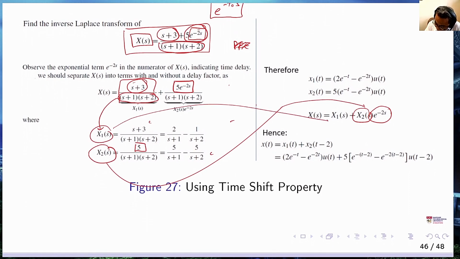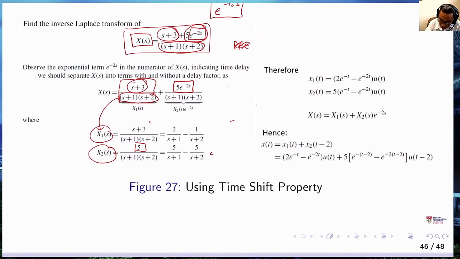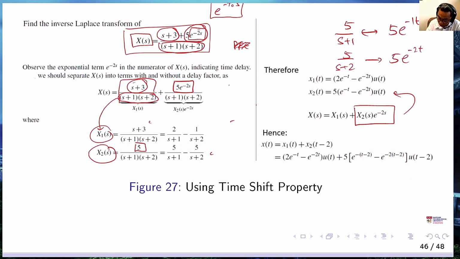So let's study the second term. X2(s) e to the minus 2s: when we perform the inverse Laplace transform, 5 over s plus 1 becomes 5e to the minus t by lookup table. 5 over s plus 2 becomes 5e to the minus 2t in the lookup table.